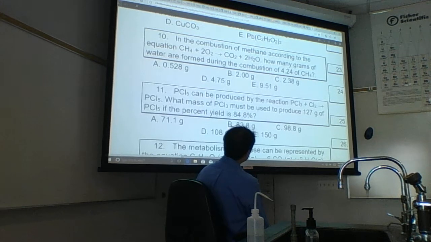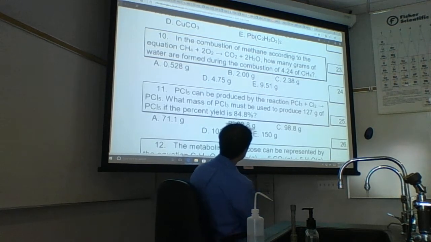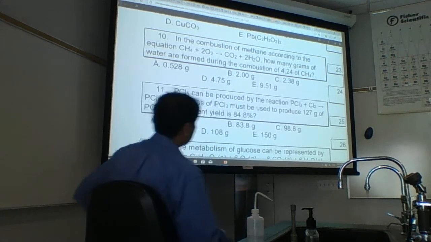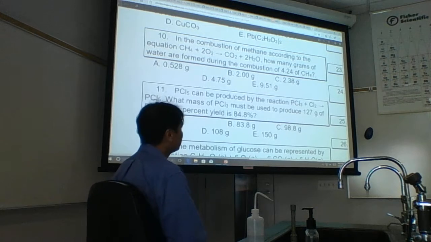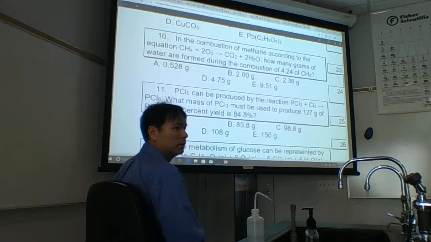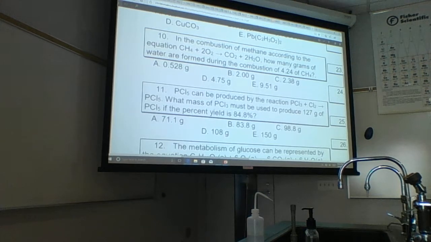But you know, I need to blow these up bigger. Sometimes I can't see very well. But anyway, 4.24 grams. So what do we do? We go from grams of methane to moles of methane to moles of water, and then moles of water to grams of water. So did you get the answer for this one? I don't see the value right now. Okay, yeah, we can see it now.